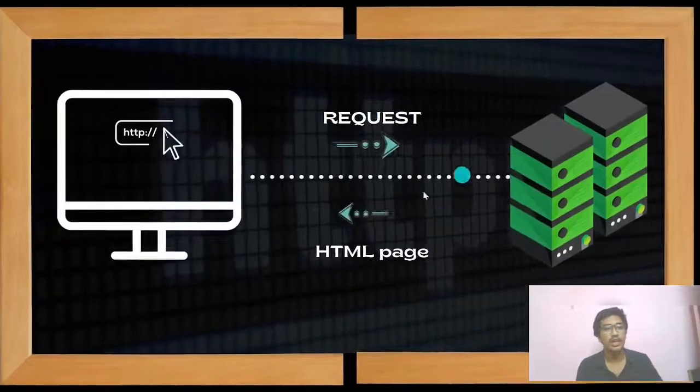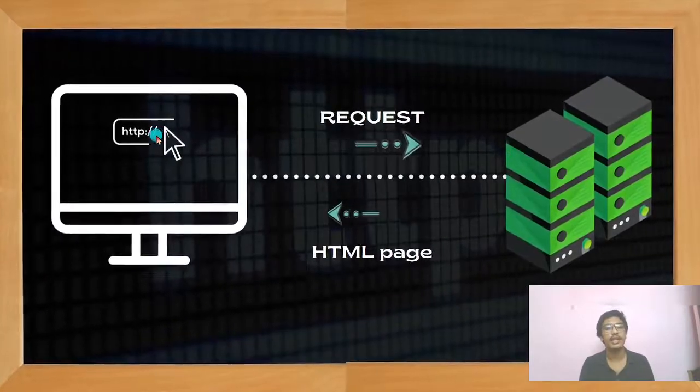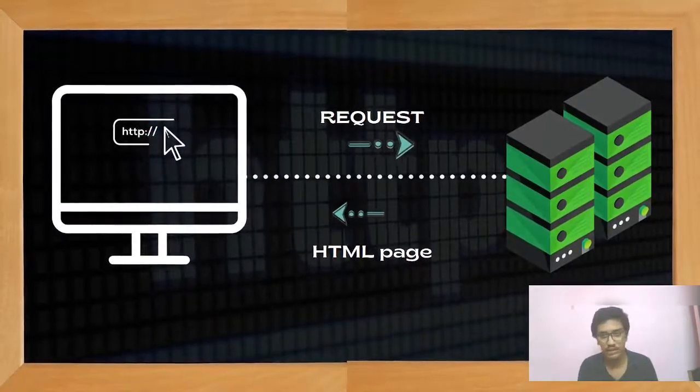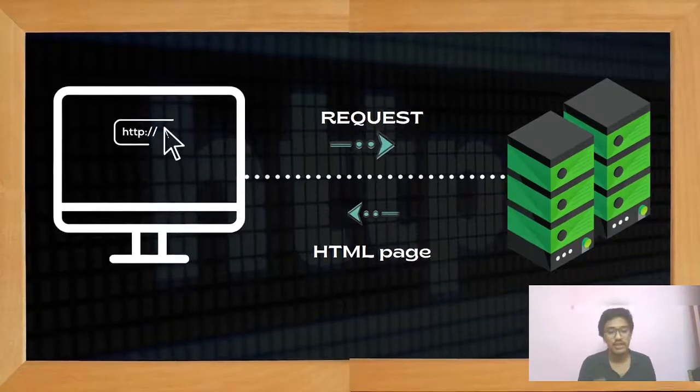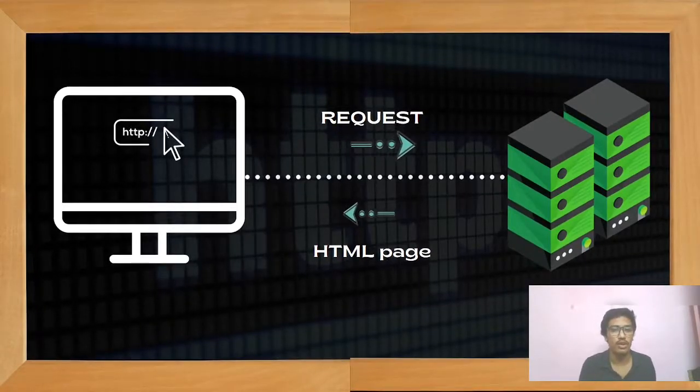Here you can see that we are sending an HTTP request to the web server. HTTP stands for Hypertext Transfer Protocol. Along with this HTTP request, we send a URL and a request. In my next slide, I'm going to discuss what these requests are.